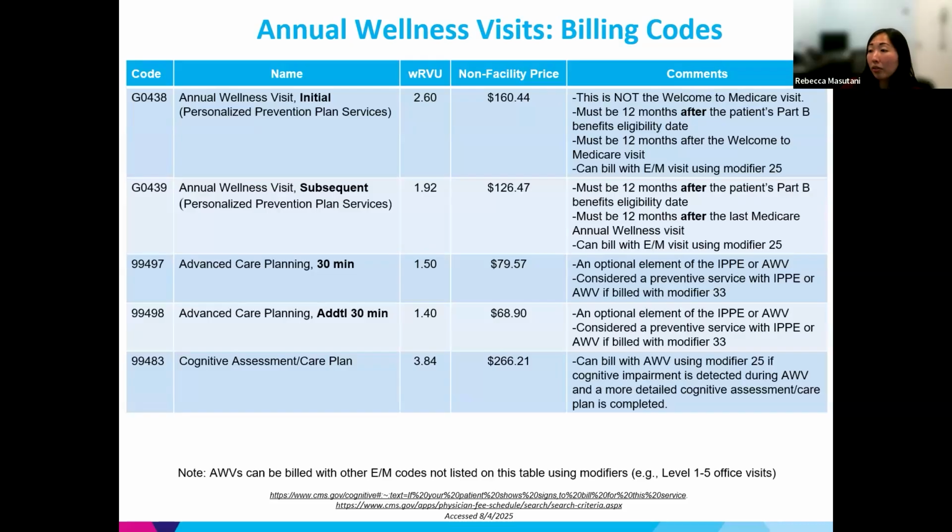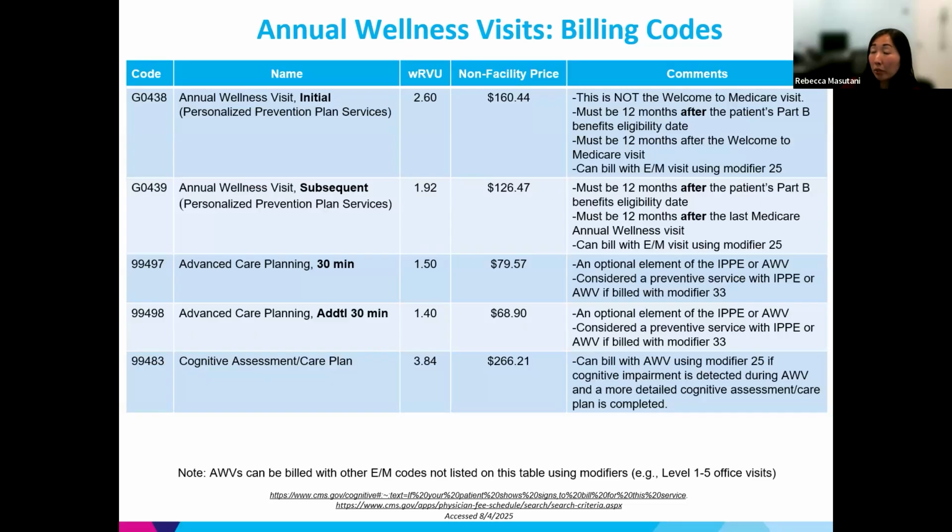Keep in mind that these values were obtained in August 2025 and subject to change. Also note that this table is not inclusive of all the E&M visits you can possibly combine with the Medicare Annual Wellness Visit CPT codes.